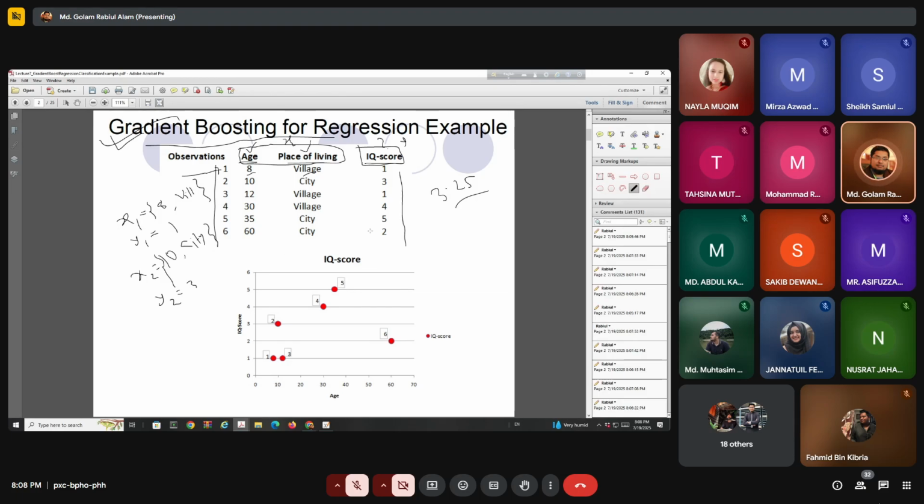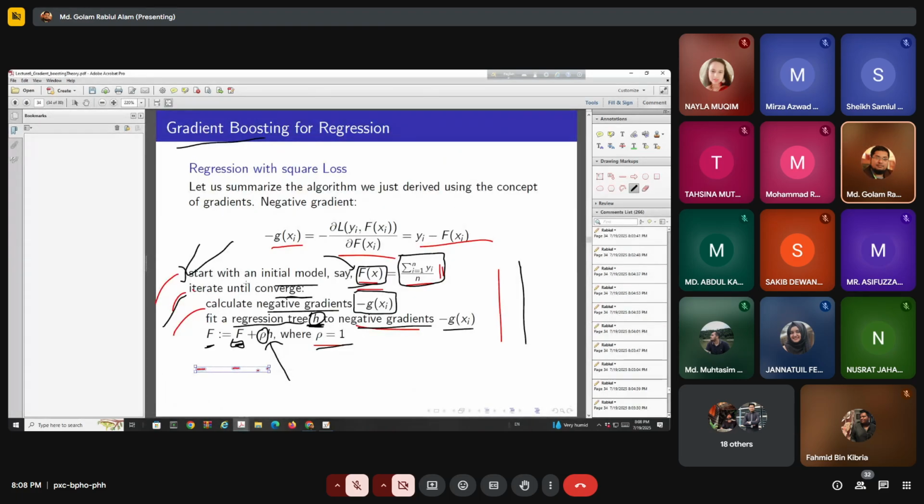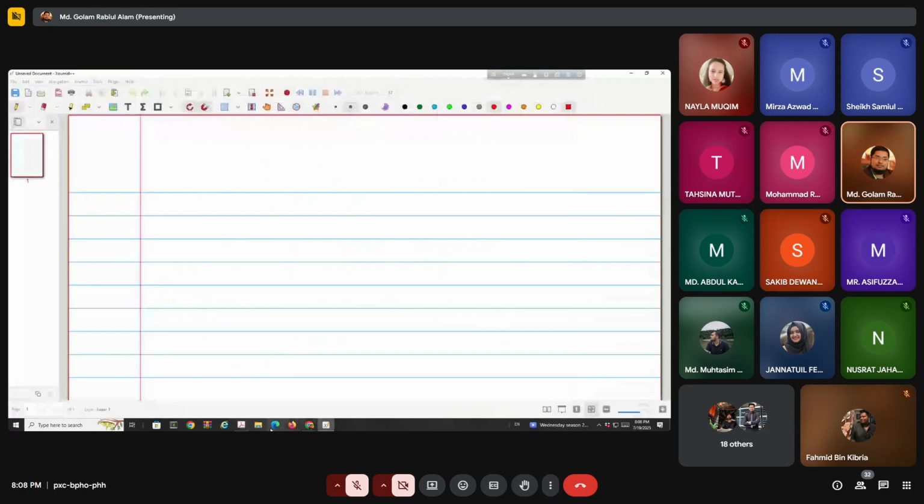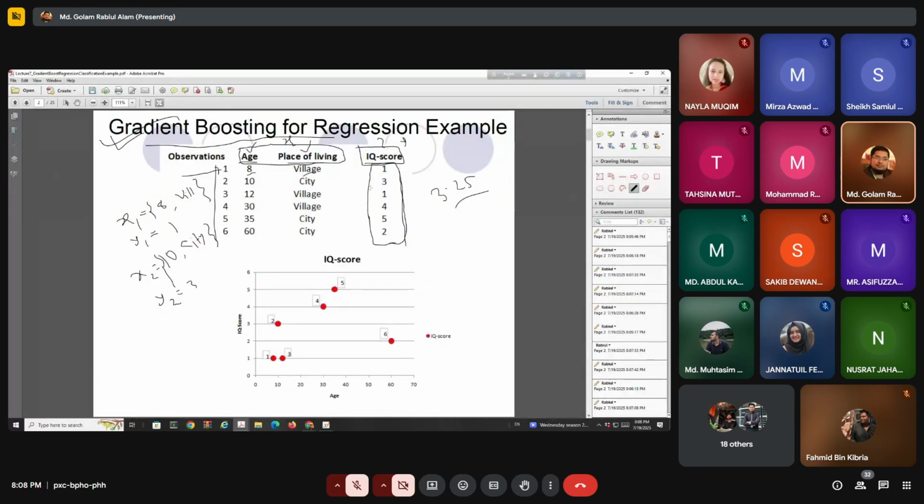So now at first we can see our target variable is the IQ score, that is y. According to our algorithm, we have to find f of x, summing up the values of the target variable divided by n. So we sum up 1 plus 3, 4, 5, 9, then 14, 15, 16.